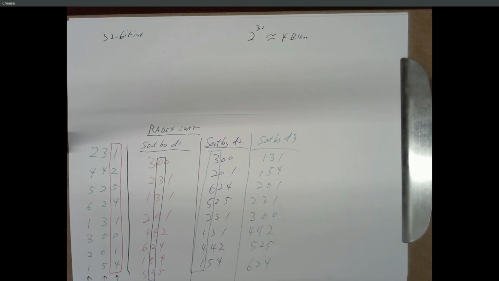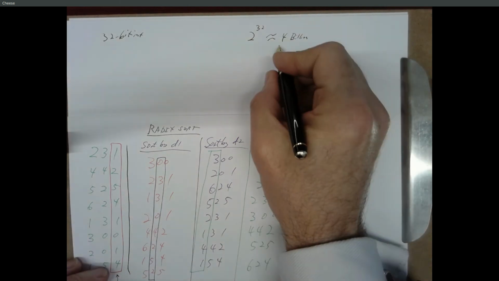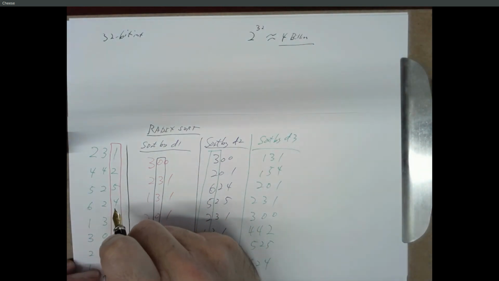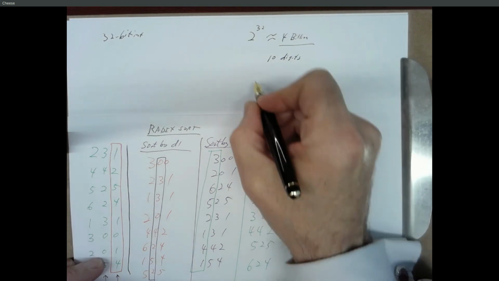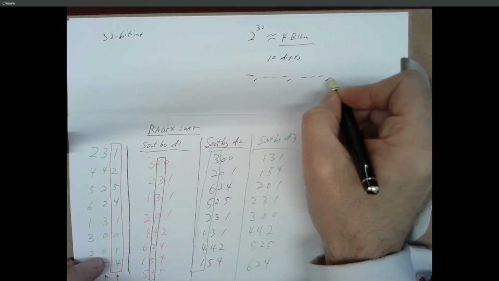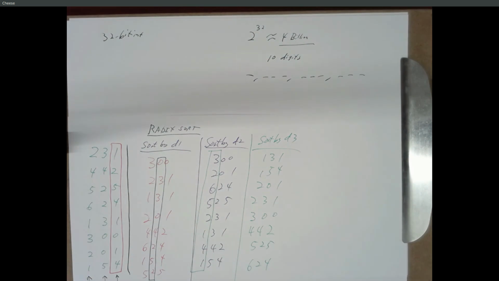Which means as integers we can go plus or minus 2 billion roughly. So let's just forget about negatives. Let's just go positive integers. So roughly 4 billion, which is 10 digits. So that's what 4 billion would fit in.